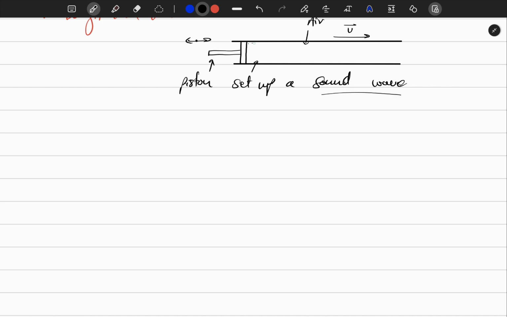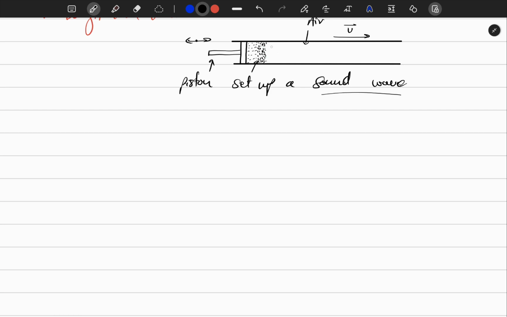Like this. It will consist of some rare portions and some dense portions where air molecules are very close to each other. In the rare portions, the air molecules will be far away from each other as compared to this dense portion.